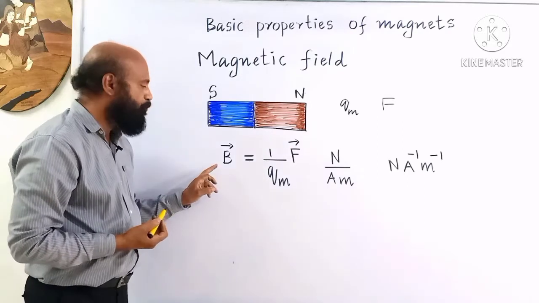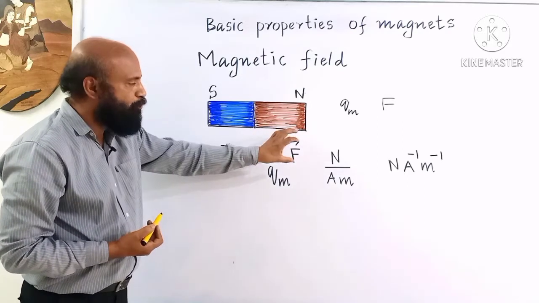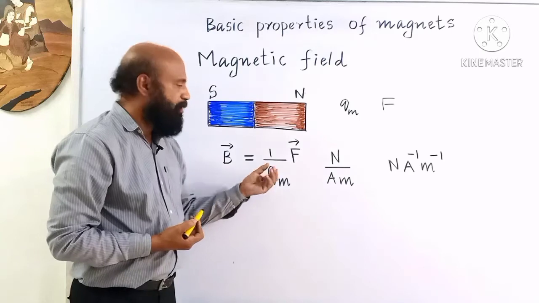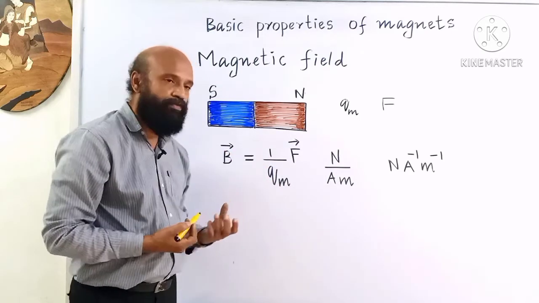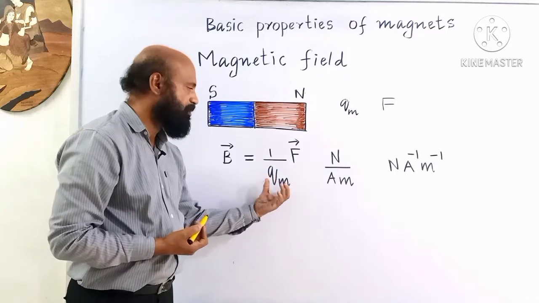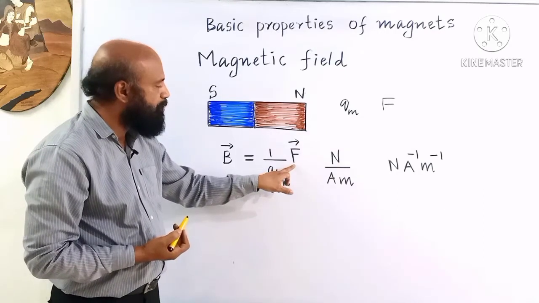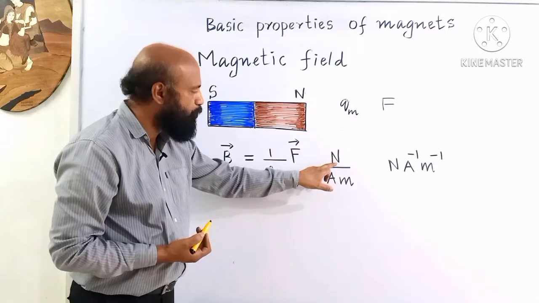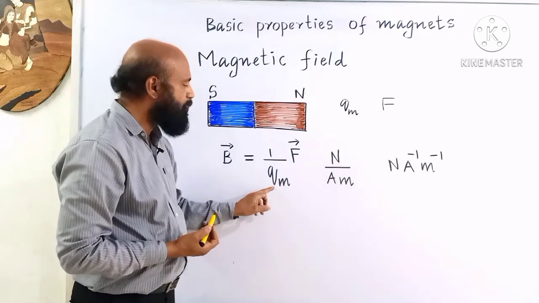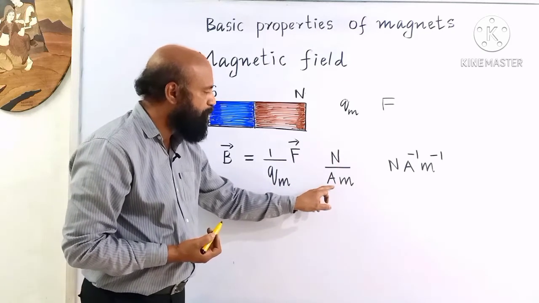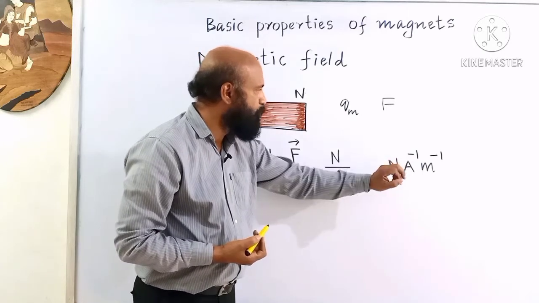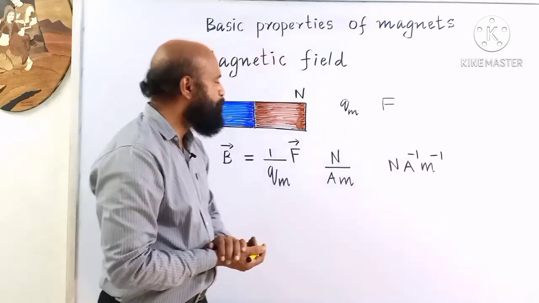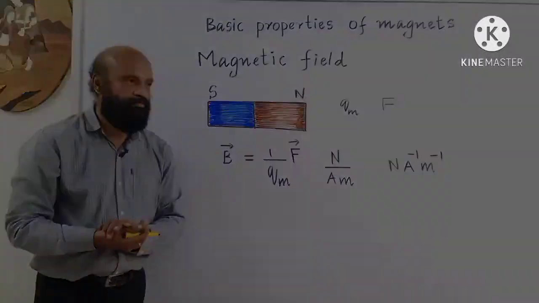So magnetic field strength is defined as the force experienced by a bar magnet of unit pole strength. Force is measured in Newton. Pole strength is measured in ampere meter. So it can be written like this: Newton, ampere raised to -1, meter raised to -1.